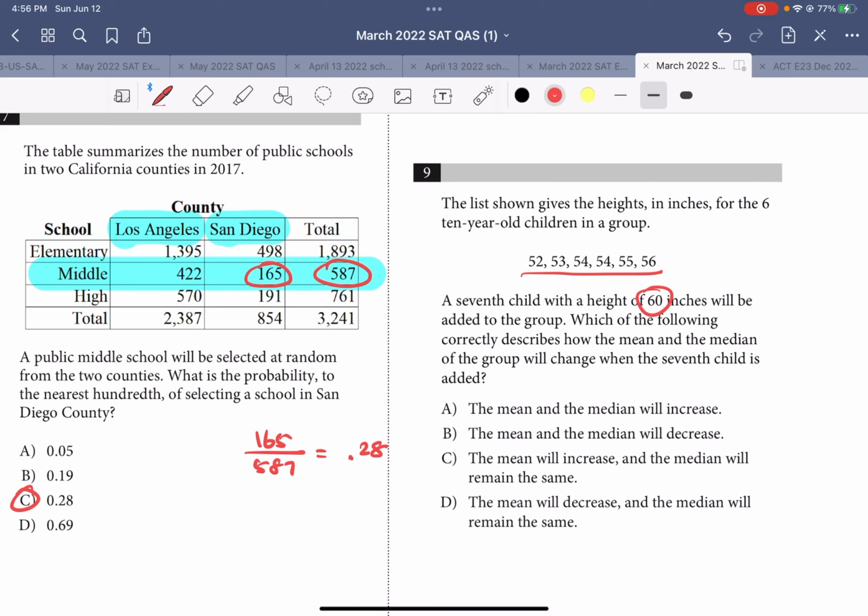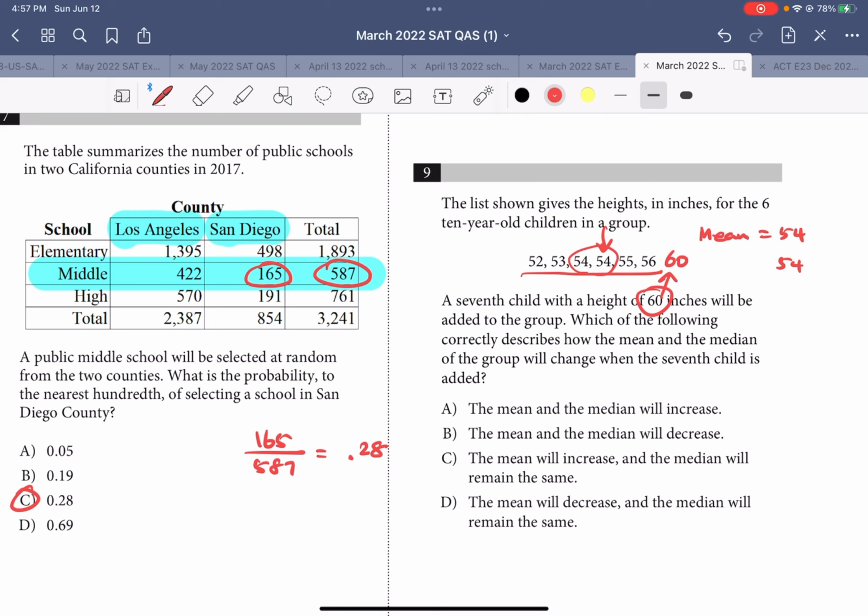Because there is an even number of values, take the average of the two numbers in the middle, which are 54 and 54, so the median is 54. Now when you add 60, there are 7 numbers, and the middle one is 54.